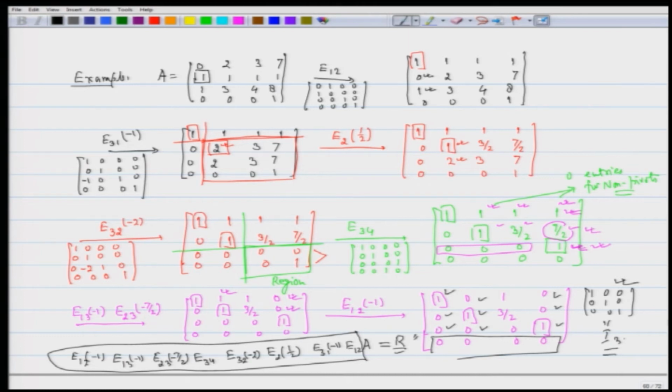Is that okay? Now, these elementary matrices are invertible, and we know that a product of invertible matrices is invertible. Let me rephrase it.